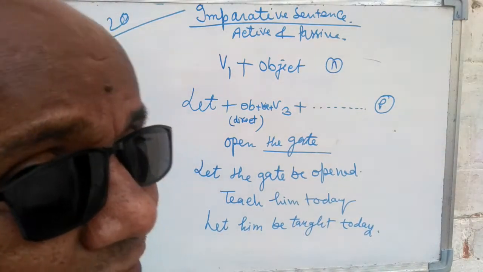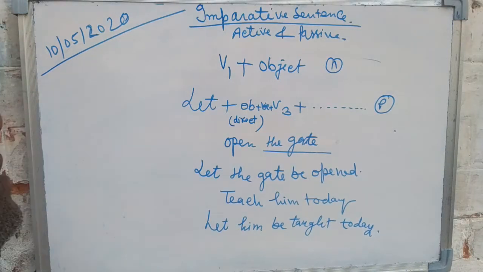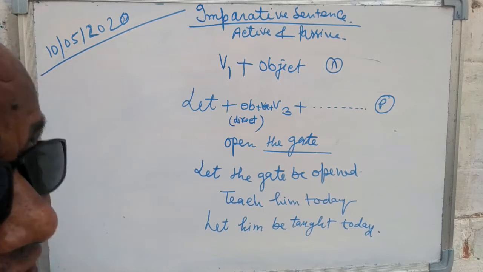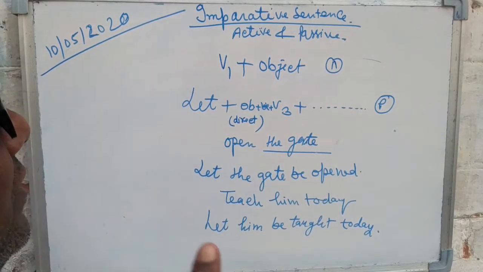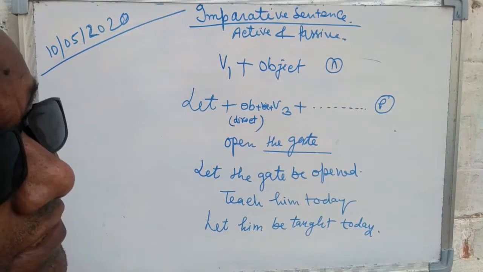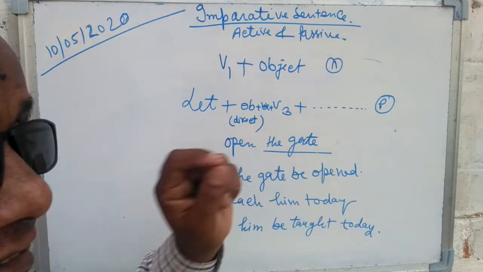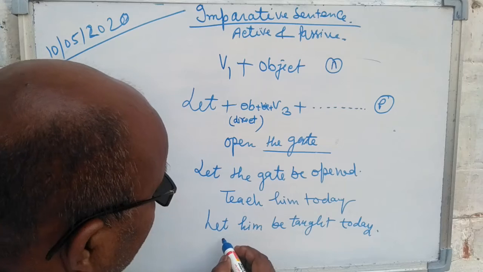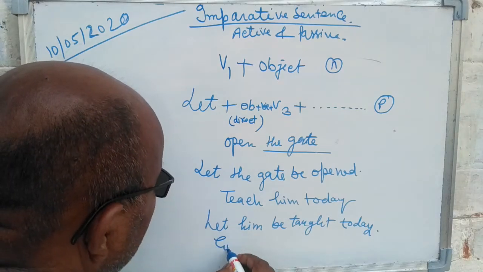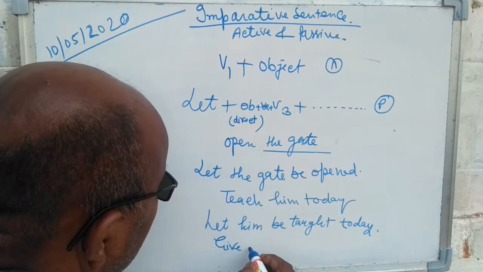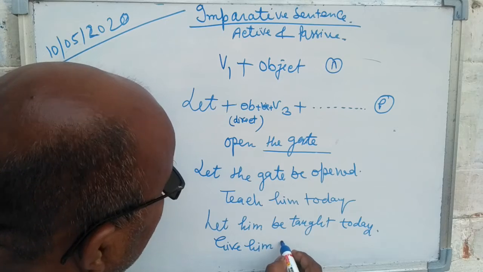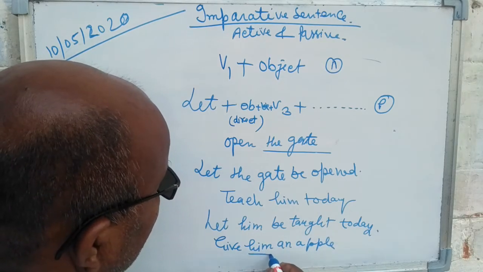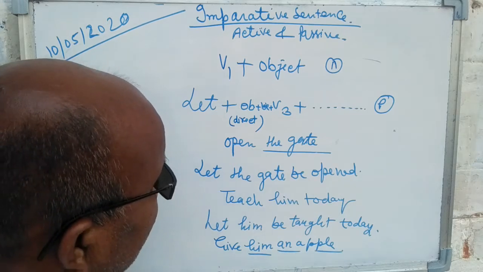Sometimes both direct and indirect objects are available in the sentence, then you will write only the direct object first and the indirect object afterward. For example, give him an apple. This is the indirect object and this is the direct object.